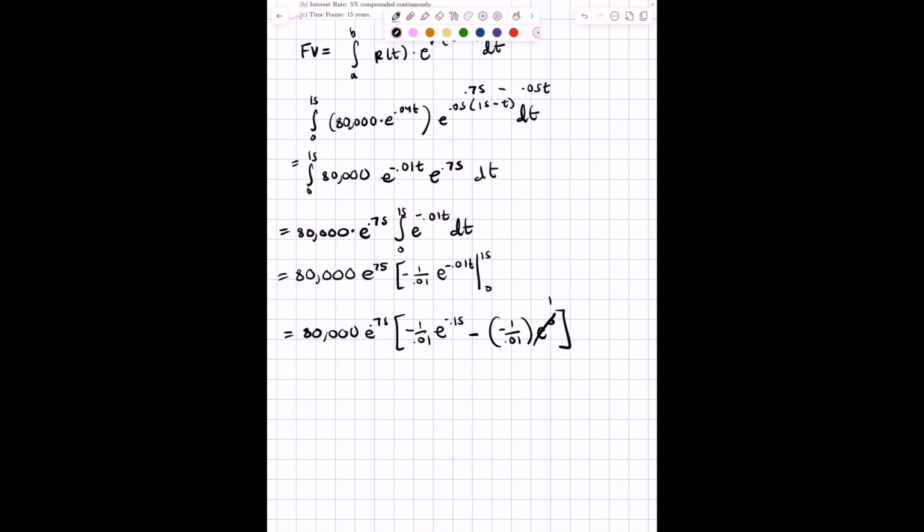So this becomes 1. So I actually just get 80,000 e to the 0.75, times 1.01. I'm going to bring this in front since it's positive, and then this to the back. So it's minus 0.01 e to the negative 0.15. So once you do these calculations, you should get 80,000 times e to the power of 0.75, so this is 169360, something like that.